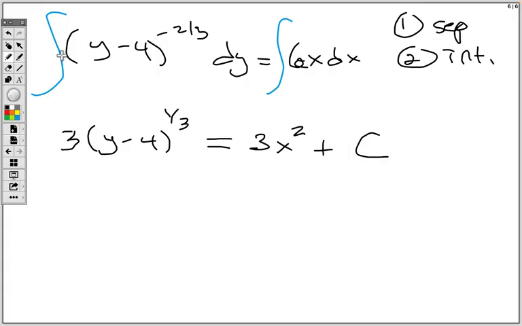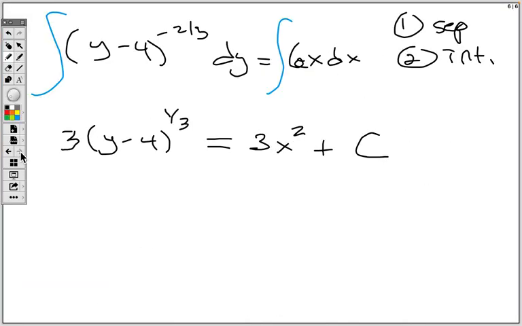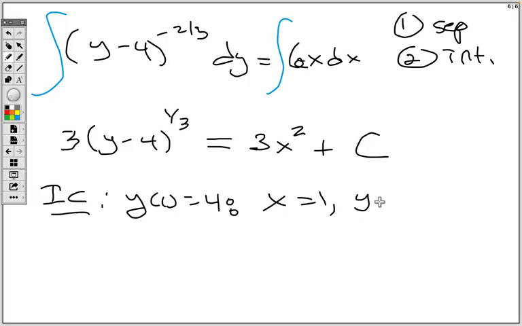And we can go ahead and impose the initial condition to figure out what the c is. Y at 1 is 4. So we can impose that initial condition. That means that when x equals 1, y equals 4. I plug that in. I'm going to get 0 equals 3 plus c.